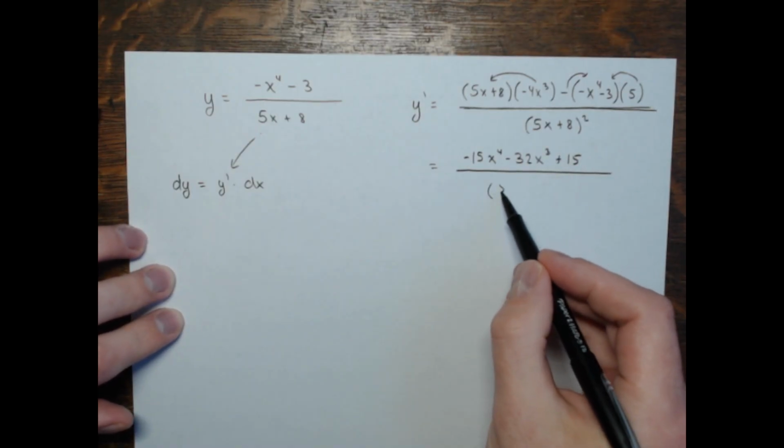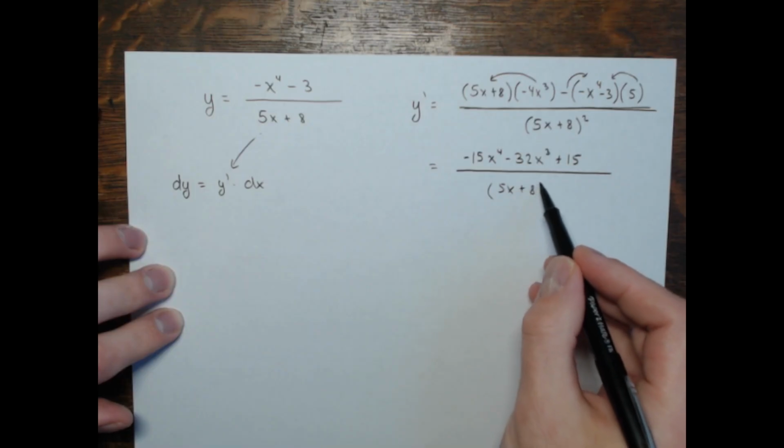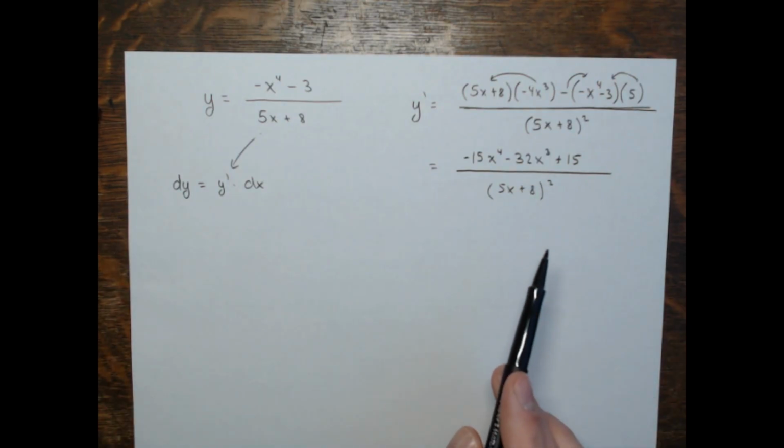That's all in the numerator, and then 5x plus 8 squared in the denominator.